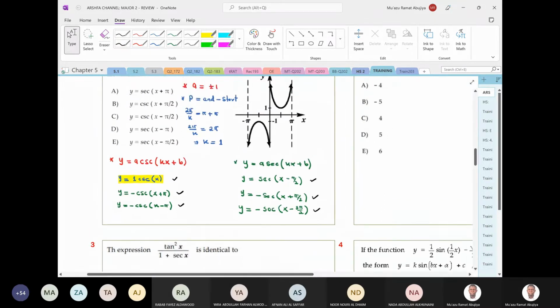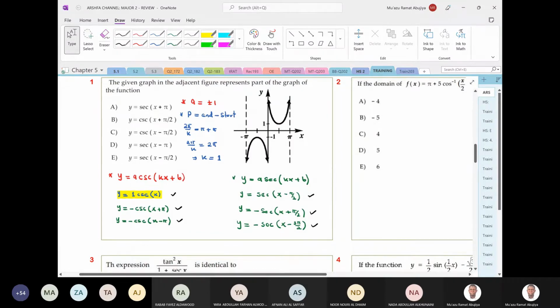So if you look at the multiple choice options now, you will agree with me that the right answer here, which one is this one here? I think the right answer here is going to be option E, which we can see is this graph here.